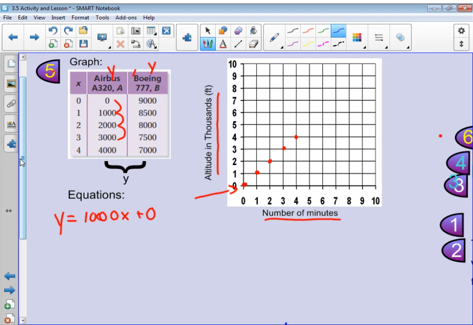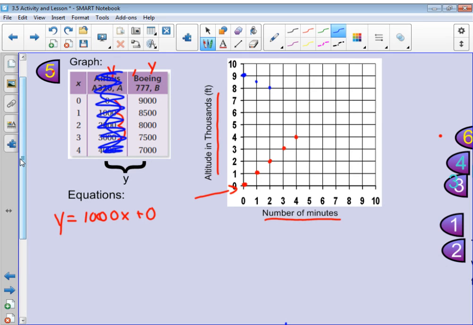Okay, so for the second situation, we're done looking at this part right now. When we graph this second set, it's going to be over to 0 up to 9,000. So our 9 is 9,000. Over to 1 up to 8,500. So that's going to fall somewhere in there. And then over to 2 up to 8,000.